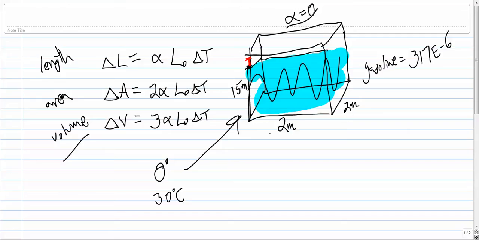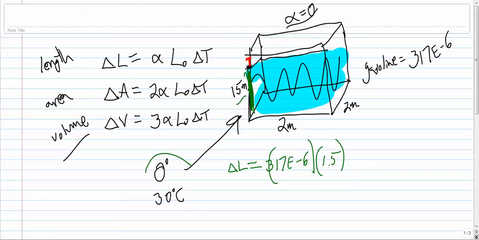Let's do this one in green. So the change in length, because we're just measuring this length, how much taller the gasoline is going to get, the change in length is the coefficient, which was 317 times 10 to the negative 6th, times the length original, and we said that that was 1.5 meters, and then the temperature change was 30 degrees.